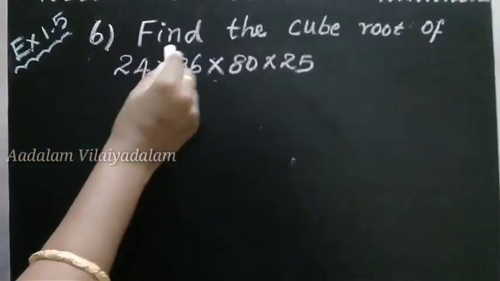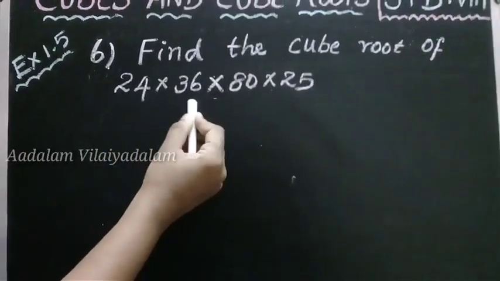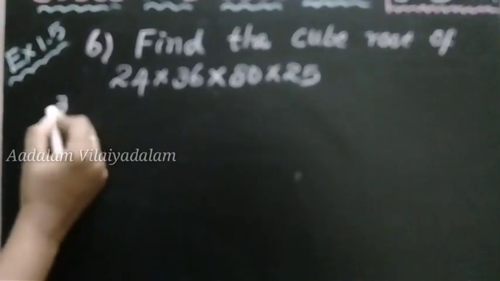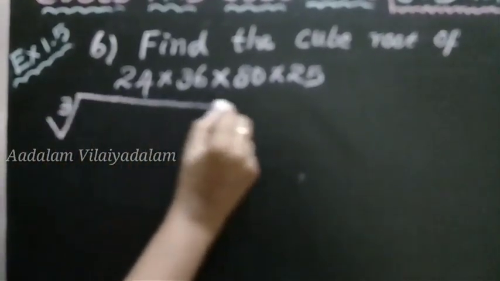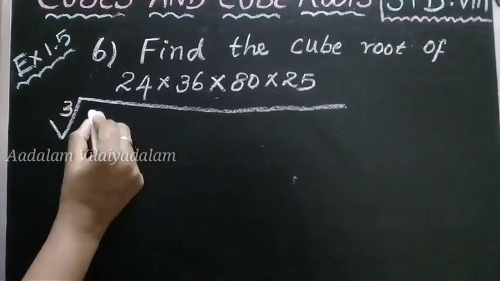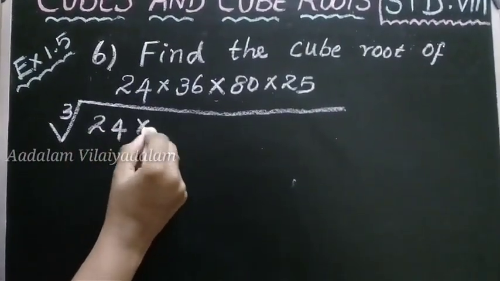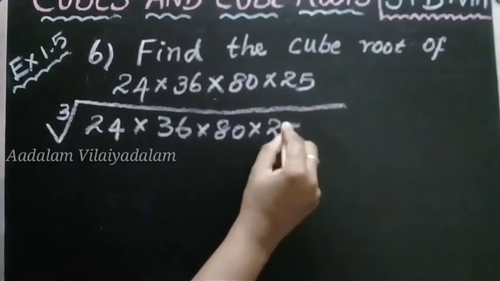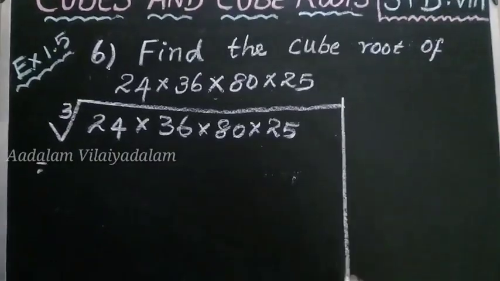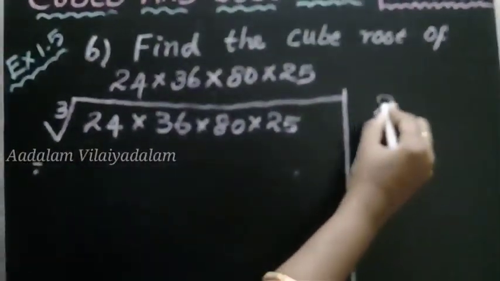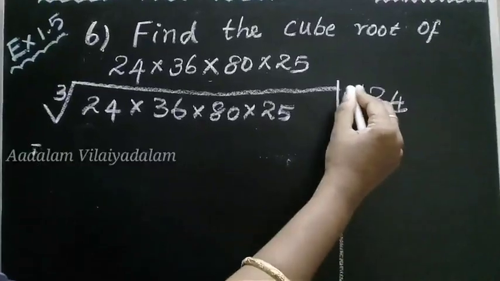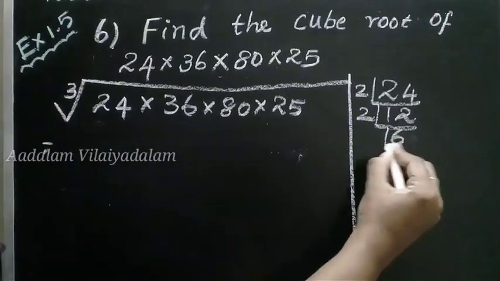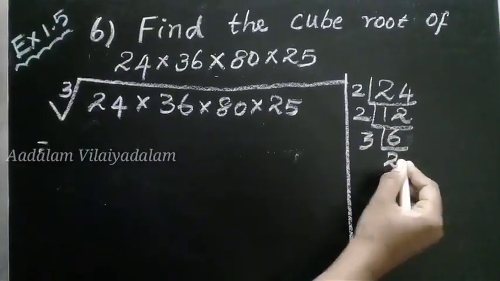Sixth question. Find the cube root of 24, 36, 80, 25. Cube root means we have to write 3 in the index. This is the cube root symbol. Cube root of 24, 36, 80, 25. So using the prime factorization method. What is 24 here? 2 table 12 times, again 2 table 6 times, 3 table 2 times.